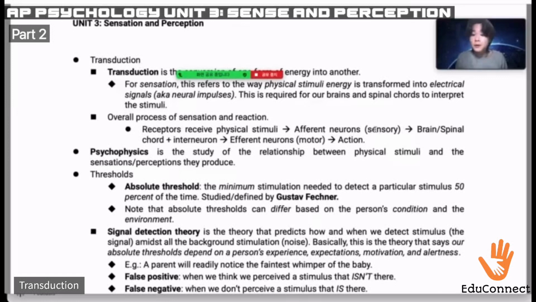Now, I know that afferent neurons and efferent neurons are pronounced in a really similar way, right? So I know that it sounds confusing. It was the same for me when I first learned this. But it's easy when you think afferent, since in the alphabetical order, A comes first, then the E, right? A is the starting point of the alphabet. So since A is in front of E, just think A comes first, so afferent neurons come first.